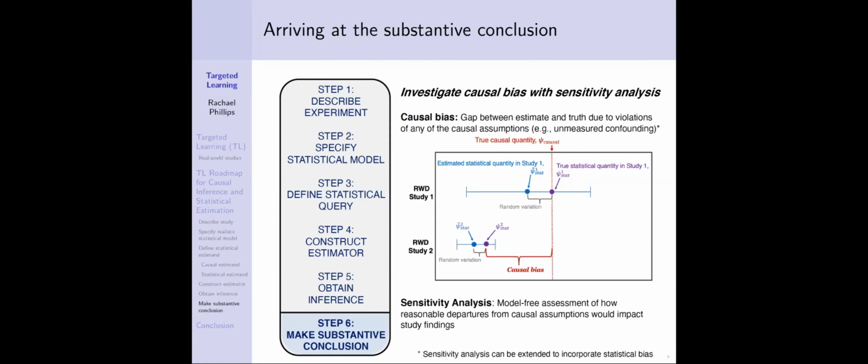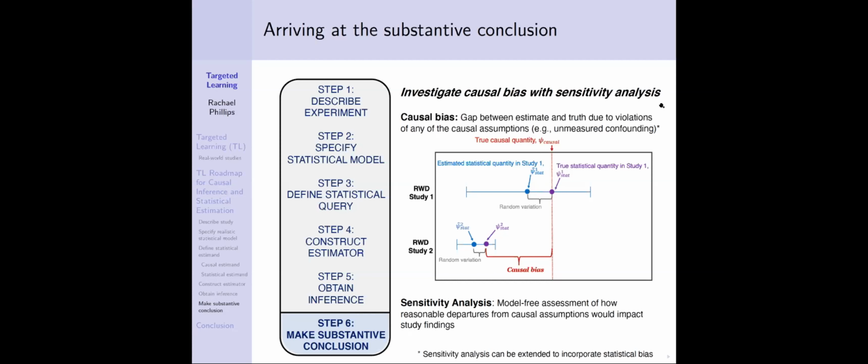Okay. Now that we've obtained inference for our estimate, we can make the substantive conclusion. That can involve different steps. Here we're looking at a sensitivity analysis. That's one way we can arrive at a substantive conclusion, investigating causal bias with a sensitivity analysis.